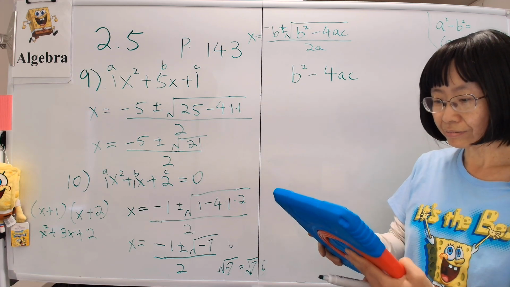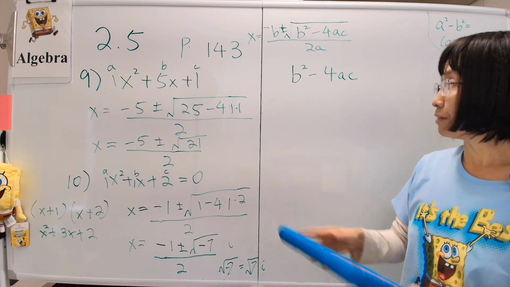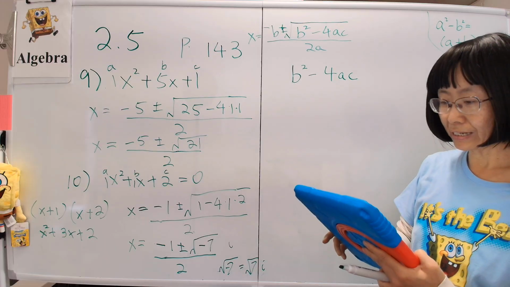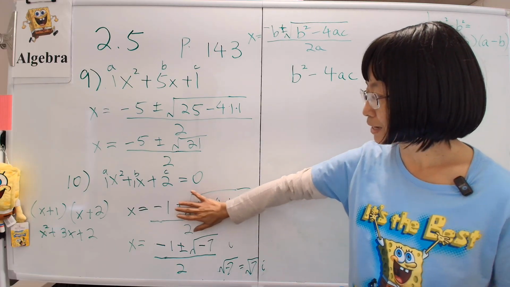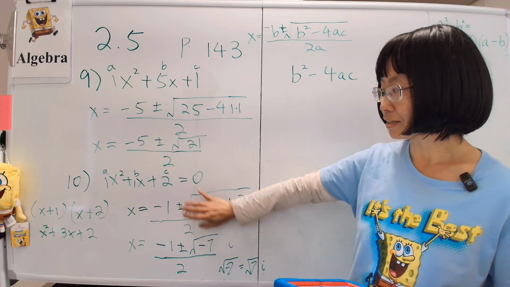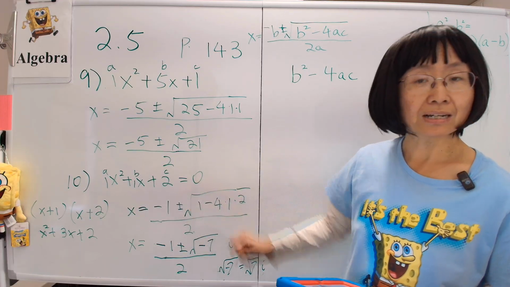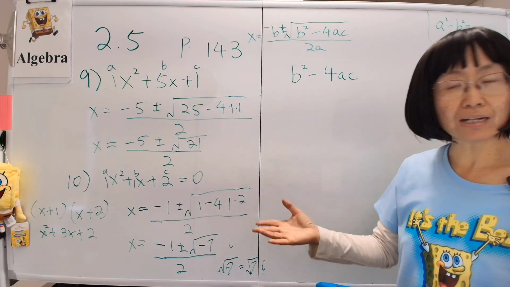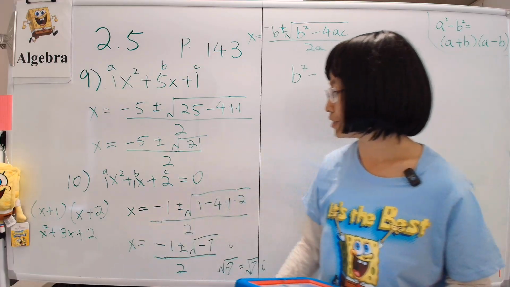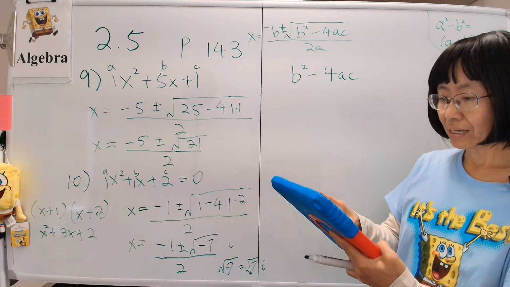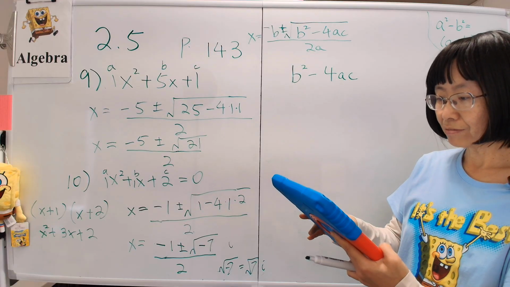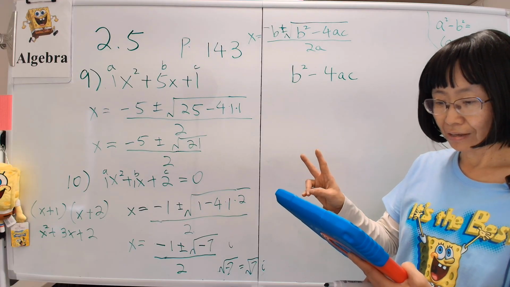And also, if it equals 0 completely, it will have one solution, because the plus or minus option becomes 0, so you just have one answer to your quadratic equation. If it is bigger than 0, then we have two solutions.